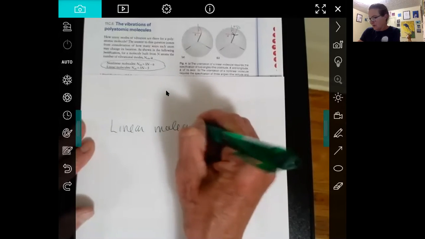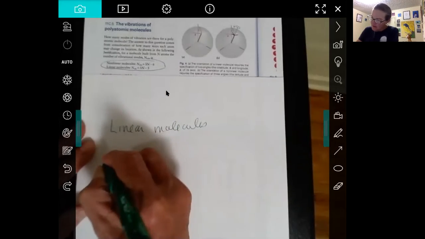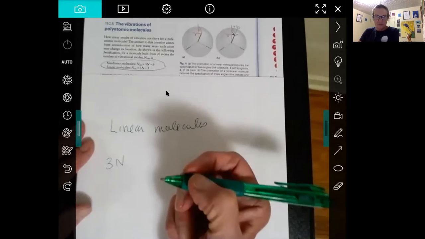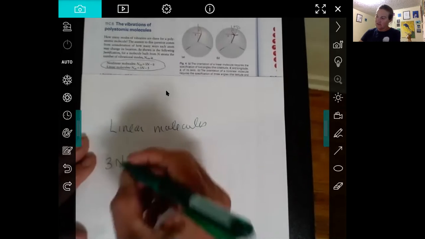So how many vibrational modes does a linear molecule have? Both equations start out with 3 times n, because for each atom in your molecule, there's an x, y, and a z to describe where it is in space. But if you're going to use internal coordinates, you're going to talk about what angle it has in spherical polar coordinates, and then what's the distance for all the stretches.